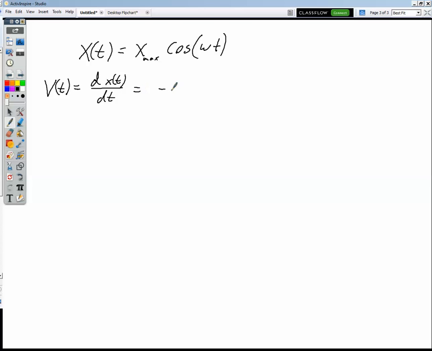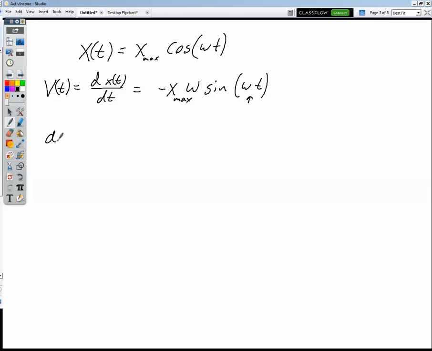So we're going to have negative x max times the sine of omega t. However, we have something inside of our parentheses here. We have to use the chain rule. We have to multiply that by the derivative of the stuff inside. The derivative of omega t is omega. So we have negative x max times omega, sine omega t. There is our velocity function.